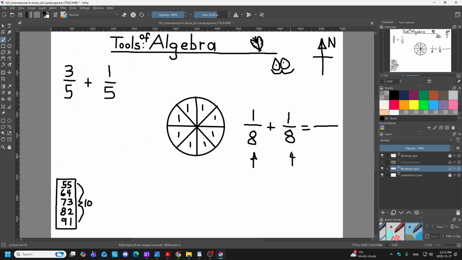It's just a simple matter of adding the numerators together. The denominator remains unchanged. You have to leave that alone. So all we do is add the numerators together. It's that simple. 1 plus 1 is 2, so we have 2/8. Now we can reduce that.